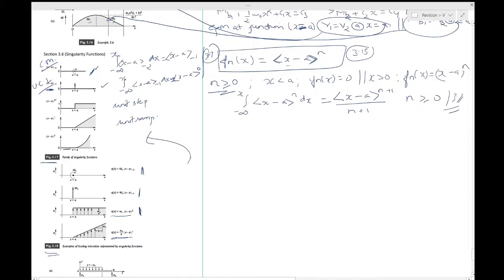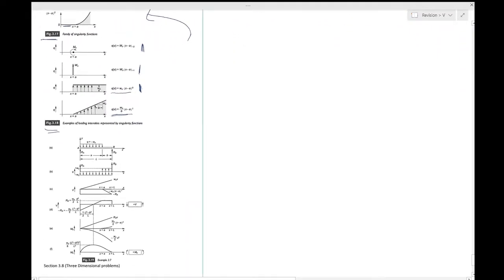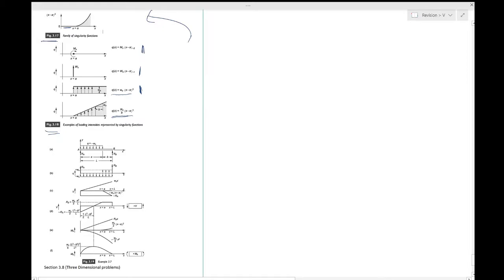As I've said, they can be used to solve problems. So let's solve a problem and convince ourselves that it actually works. Look at example 3.7. What we want to do is consider this problem again.